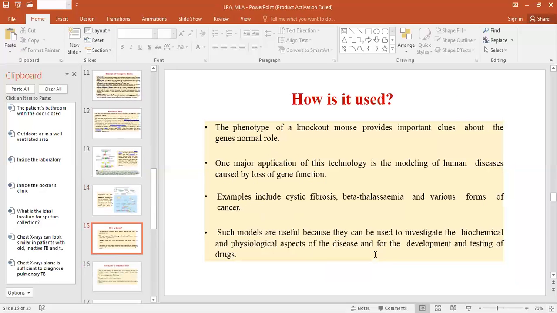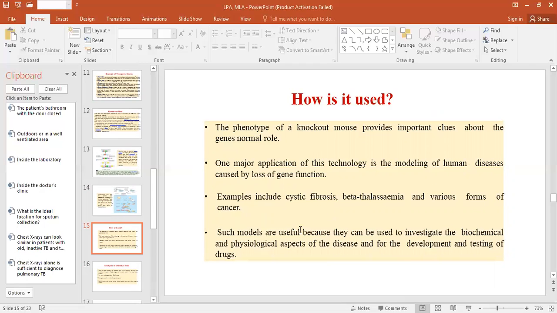So there are some examples. We can use this for the treatment of different human diseases, genetic disorders, and to identify the function of a gene, and if the gene is misbehaving or mutated, how it is malfunctioning.